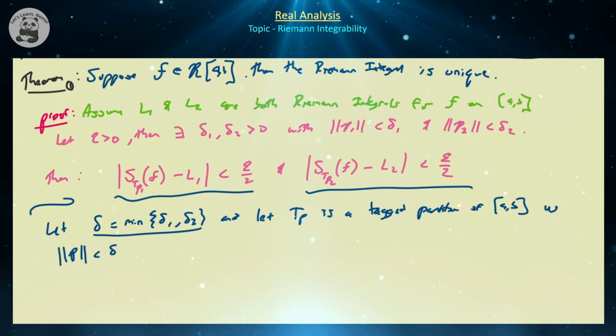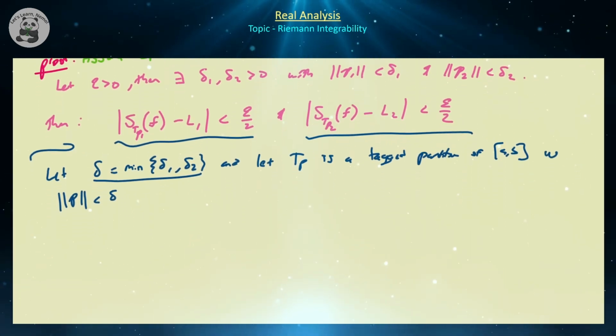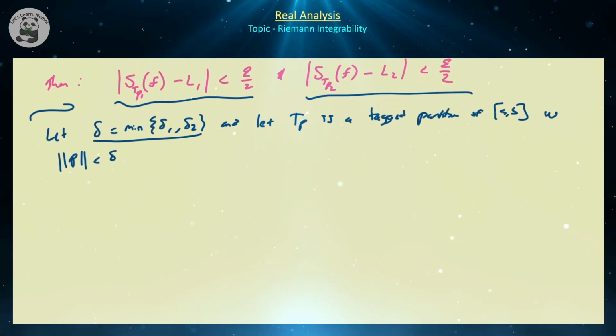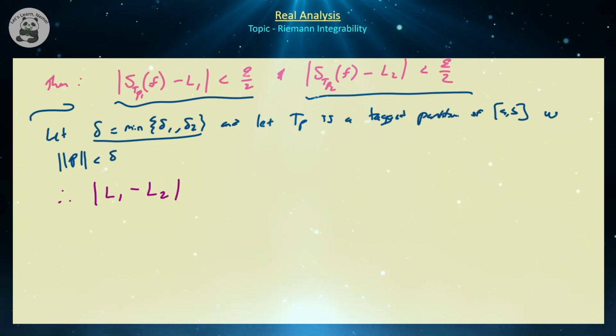Any tag partition is fine as long as the norm is arbitrarily small. Then what do we get from that? So what is the distance between L1 and L2? Obviously, if we're going for uniqueness, we need to show that this can be made arbitrarily small, implying equality between the two.